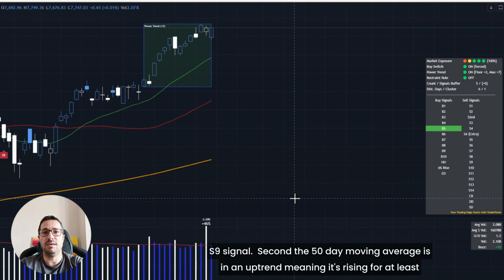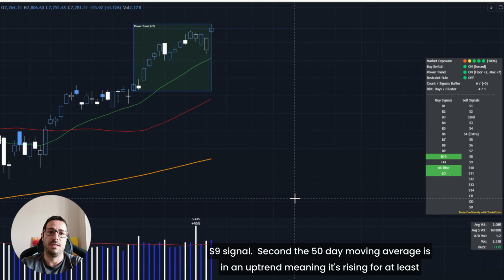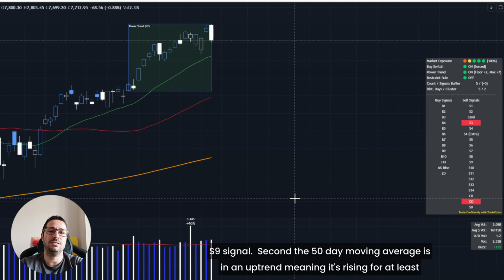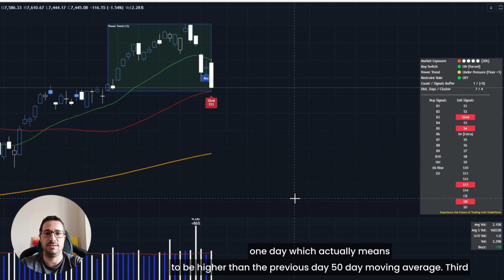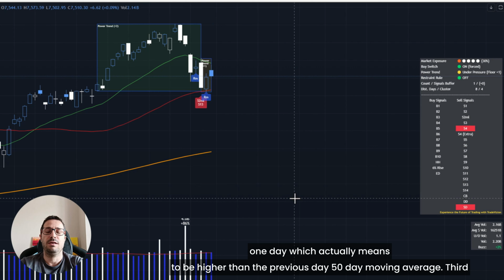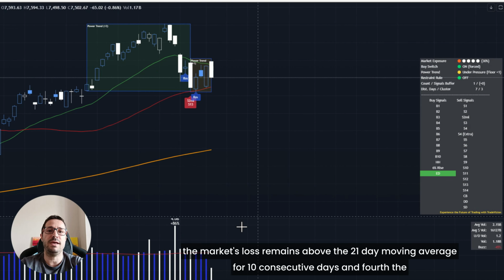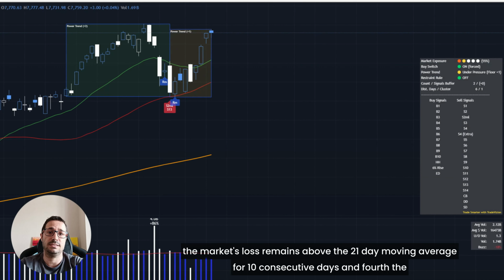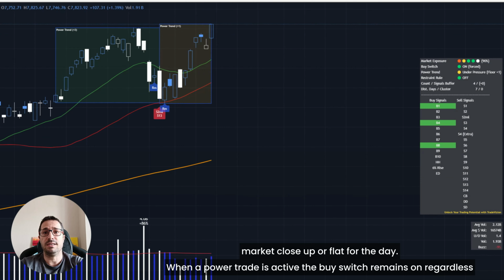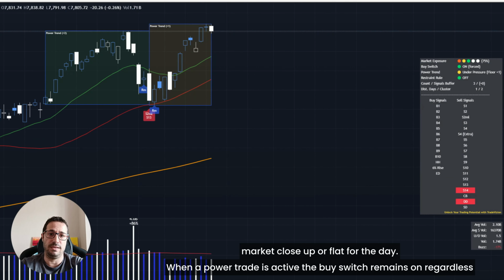Second, the 50-day moving average is in an uptrend, meaning it's rising for at least 1 day, which means it is higher than the previous day's 50-day moving average. Third, the market's lows remain above the 21-day moving average for 10 consecutive days. And fourth, the market closed up or flat for the day.